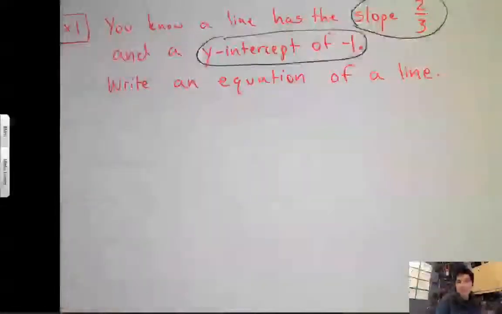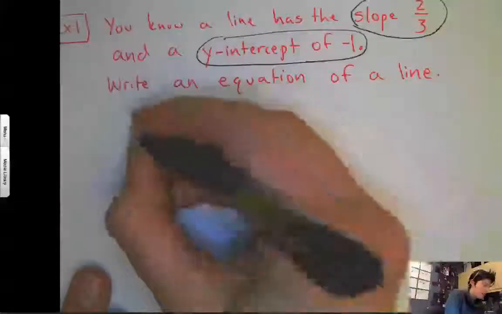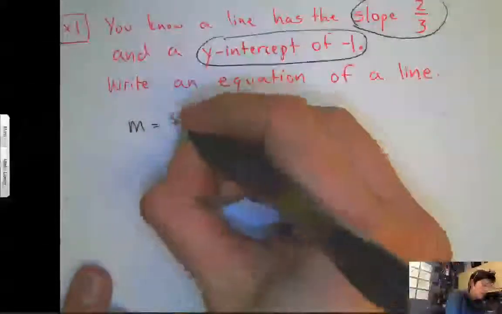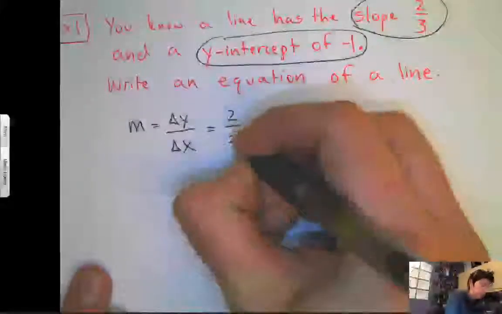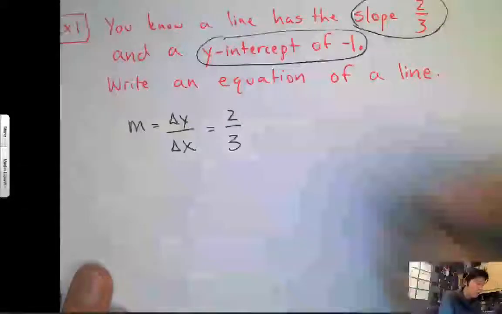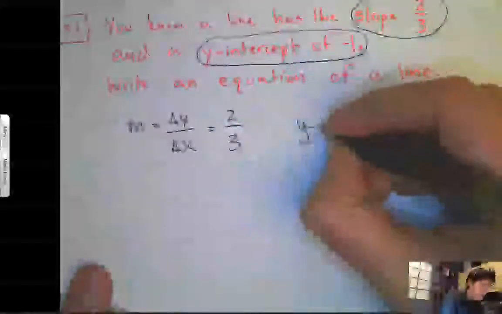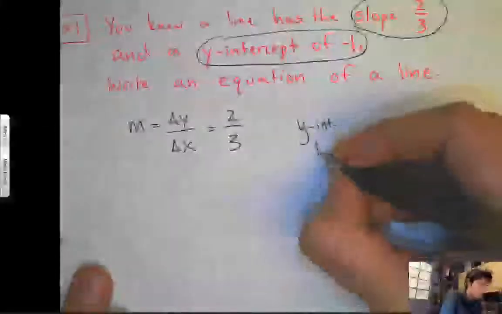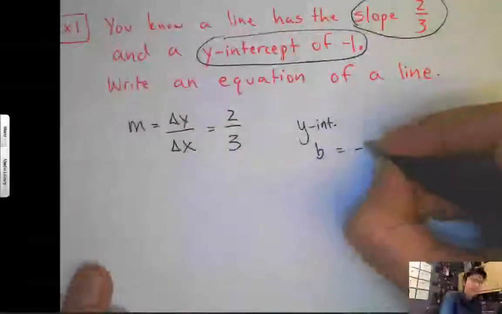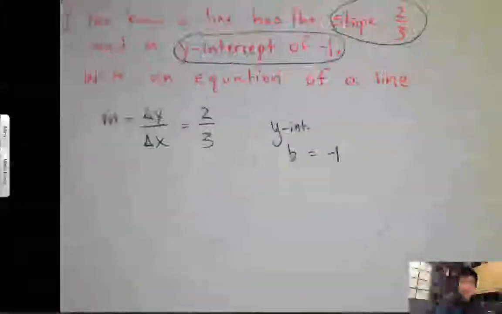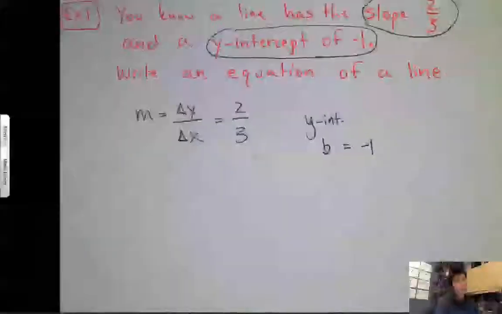Well, they just handed you the facts. They just told you that slope, m, is equal to our rise over run, delta y over delta x, and that is 2/3. They also just told you that the y-intercept, which we usually denote with the letter b, is equal to -1. Well, if you have those facts, writing the equation is fairly simple.